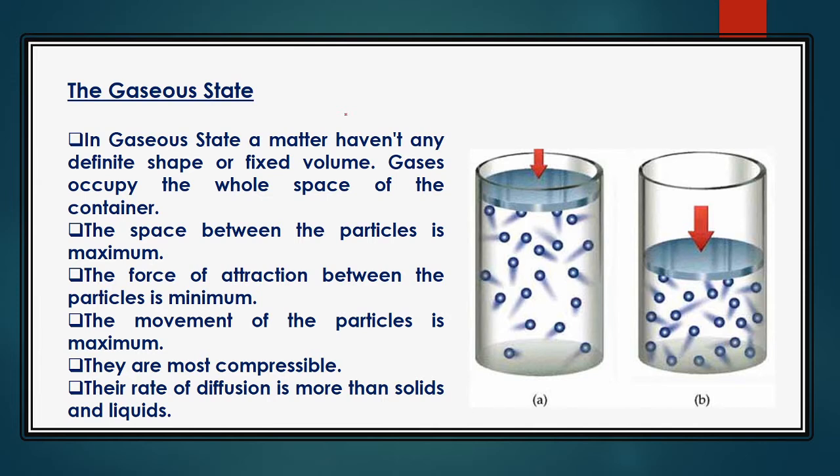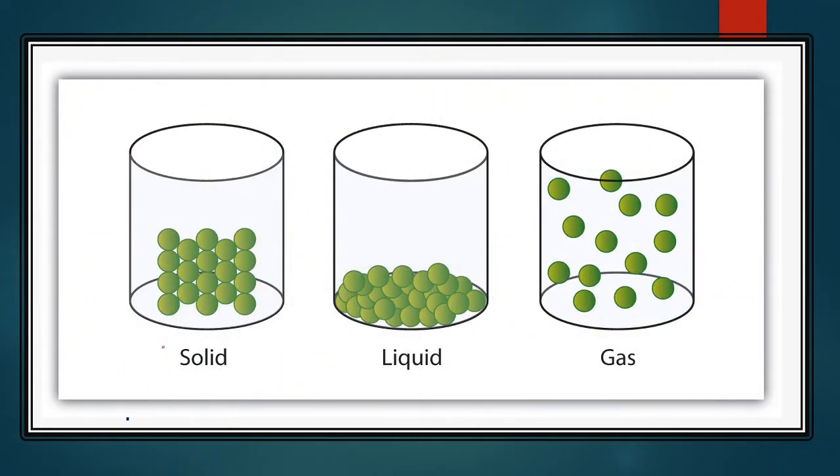So from here, we can define the gaseous state. The gaseous state is a state in which matter does not occupy a fixed volume and does not have any definite shape. This is the first property of the gaseous state. The next property is that the space between the particles is maximum in the gaseous state. Here you can see the space between the particles in solid, liquid and gas.